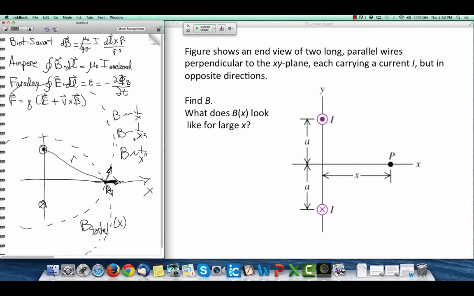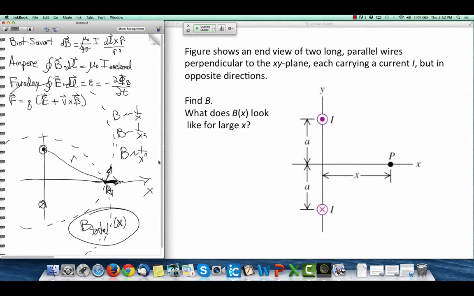Basically, you could think of this as a Taylor series expansion of whatever you calculate for B of x, however you can approximate this to find out how it changes with position.